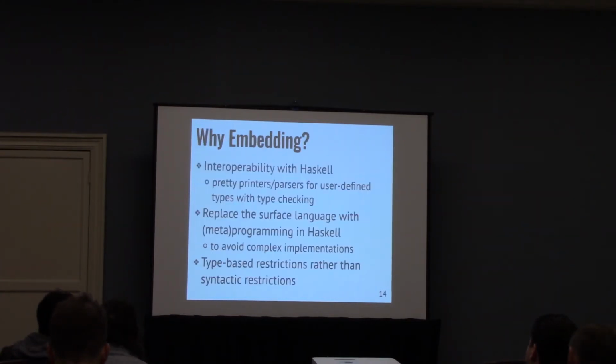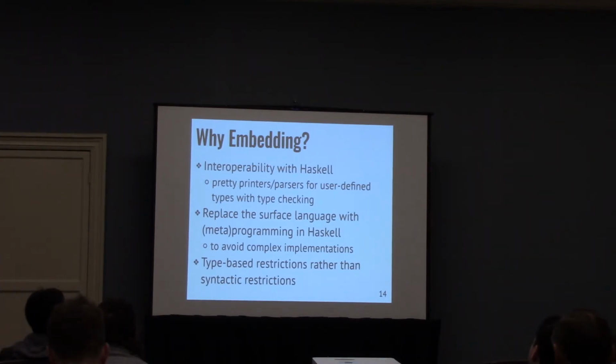So why do we want to embed Flipper? Because we want to enhance the interoperability with Haskell. Instead of defining the data types in the Flipper language, we want to pretty print user-defined Haskell data types with type checking.